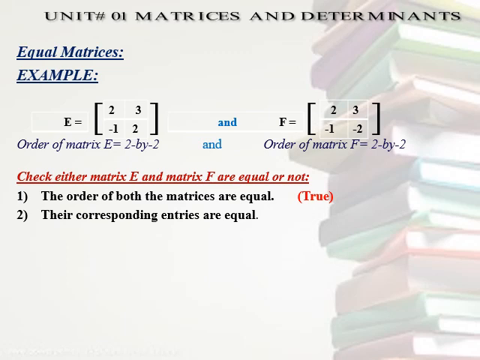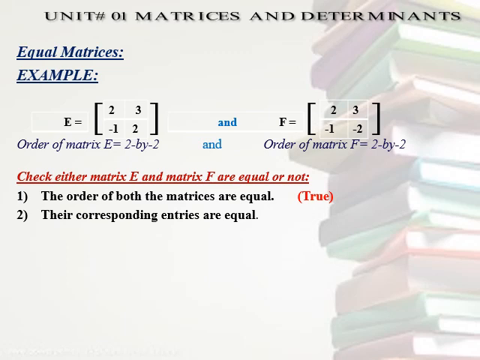The first entry of matrix E is 2 and the first entry of matrix F is 2. The second entry of matrix E is 3 and the second entry of matrix F is also 3. The third entry of matrix E is -1 and the third entry of matrix F is also -1.